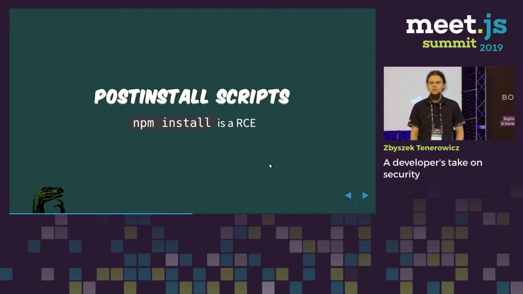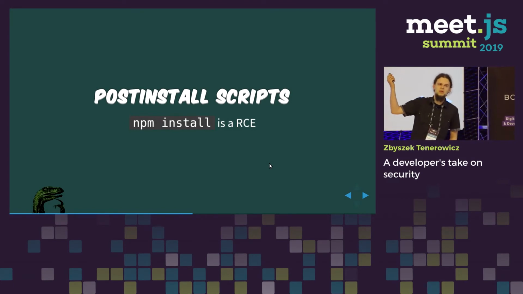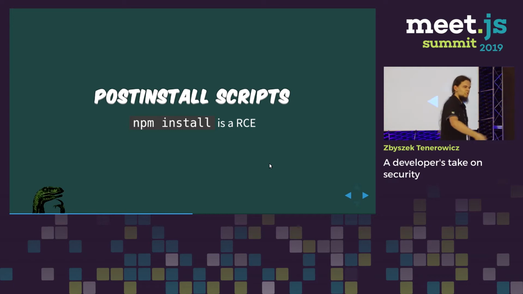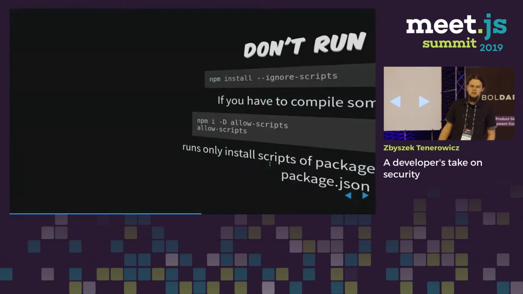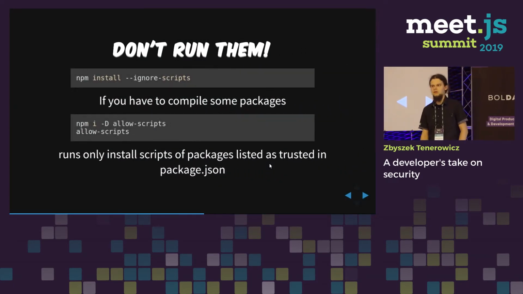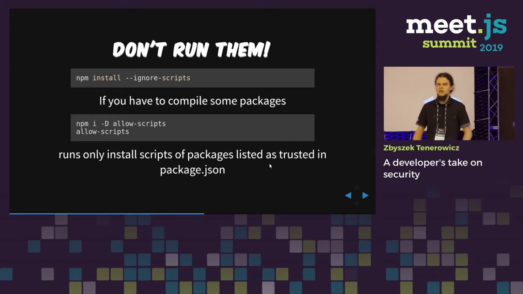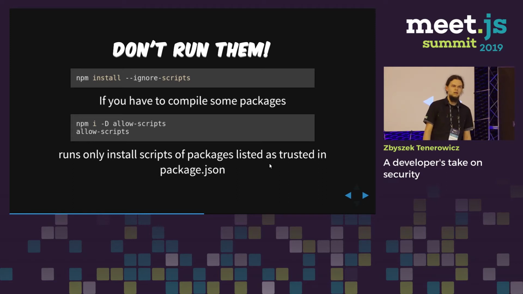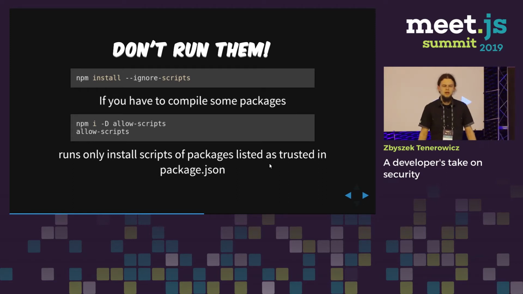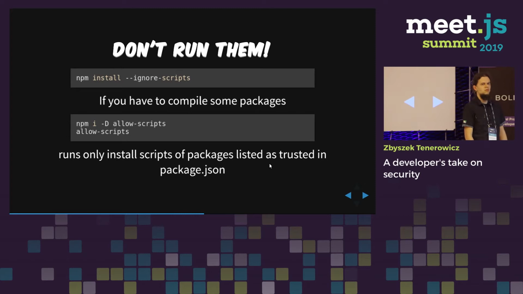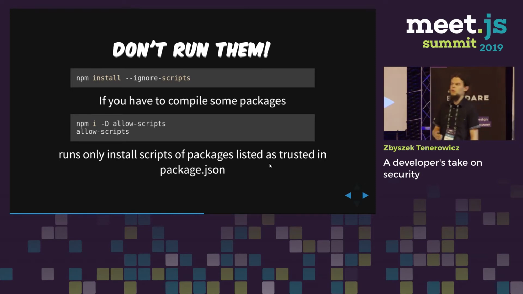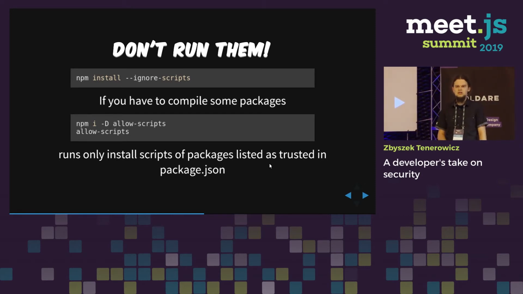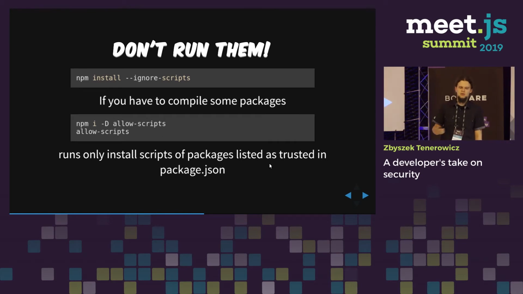Next, well, npm install is a remote code execution, right? You're downloading stuff and running it. Mostly the post-install scripts, so let's not run them. But some of those post-install scripts are necessary for compiling, like most of Google stuff on npm if you need to use their protobuf. So what do we do about that? There is a great simple package called allow-scripts.